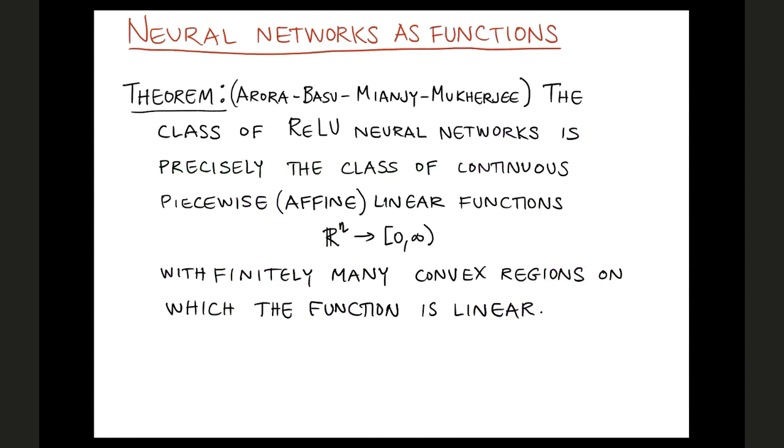It's a classical theorem, and by classical, I think this is from about 2014: Arora, Basu, Mianjy, Mukherjee showed that the class of ReLU neural networks is precisely the class of continuous piecewise affine linear functions from R^n to the non-negative real numbers, because this activation function maps everything to non-negative values, with finitely many convex regions on which the function is linear.